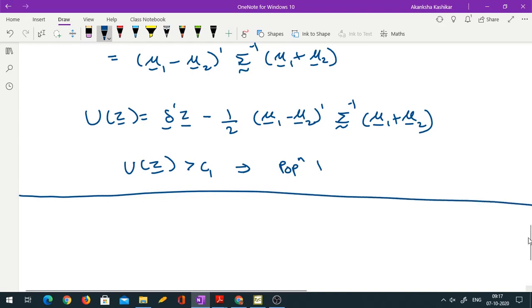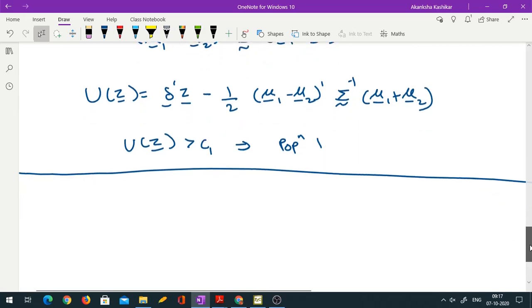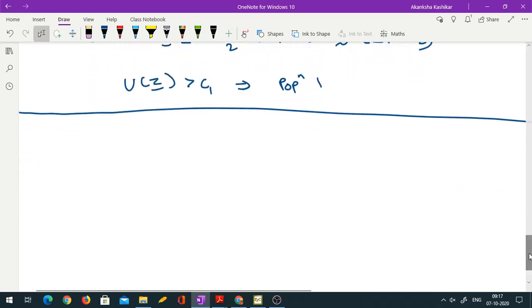For that we are going to decide on the basis of the seriousness of misclassifications. If we consider that both types of misclassifications are equally serious, then we don't want to give any preference. In that case, both misclassification probabilities can be forced to be equal.